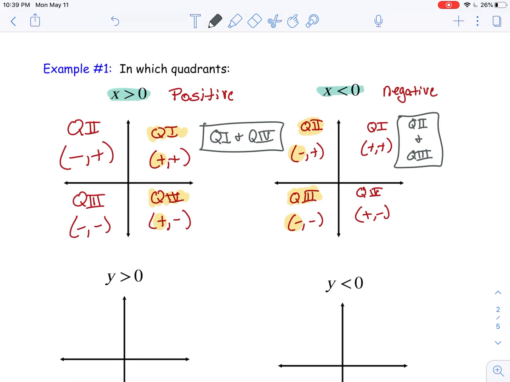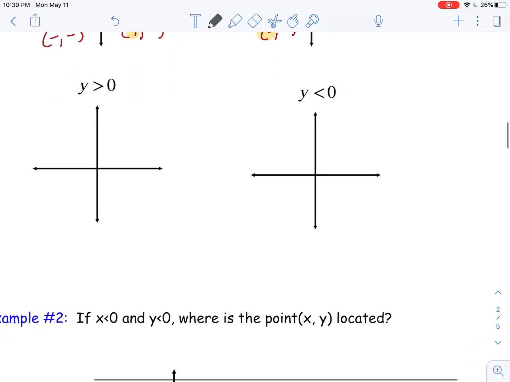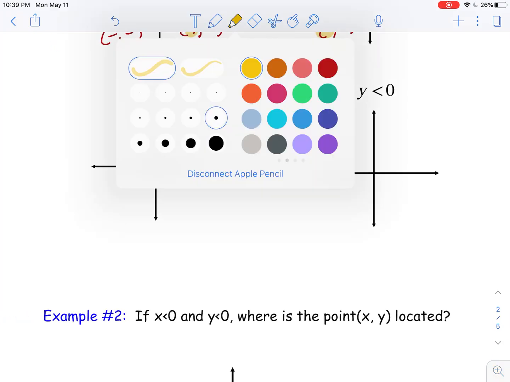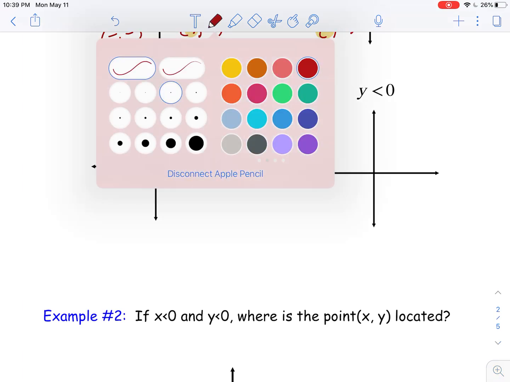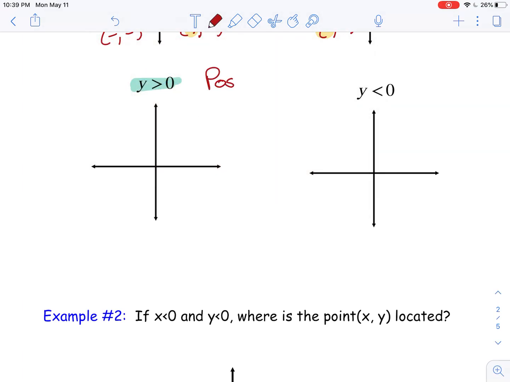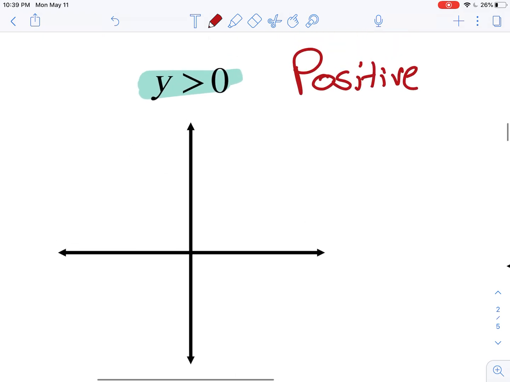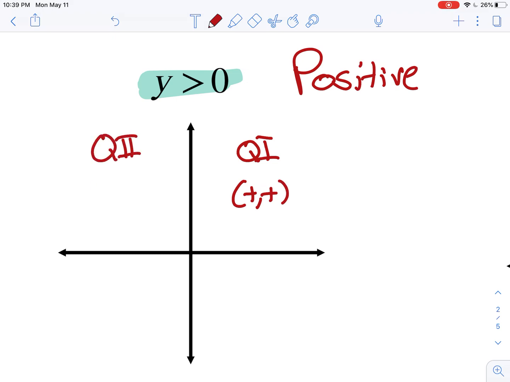So now we'll take a look at the y values. Here it says, when is y greater than 0? So when is y positive? Once again, we're going to label our quadrants. Positive, positive. Negative, positive.